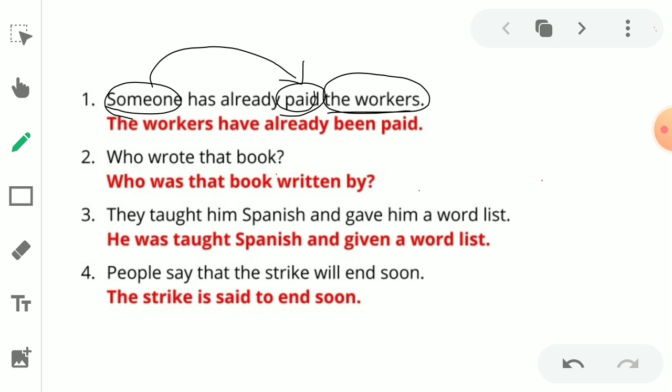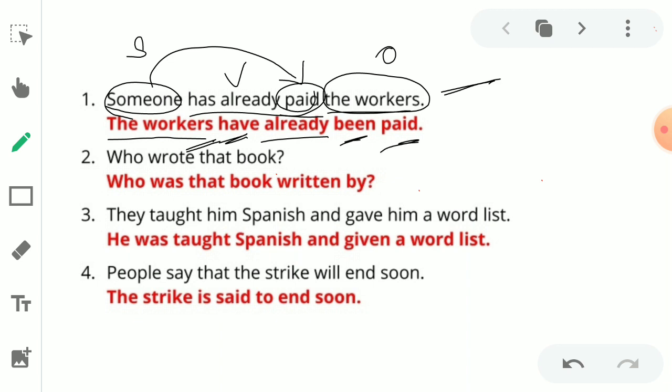Let me take someone as subject, has already paid as verb, workers as object. Let us take the object first in passive voice. The workers. Because of plural form, you have to take have. Why? Because the given statement is in present perfect tense. So, have already been paid.